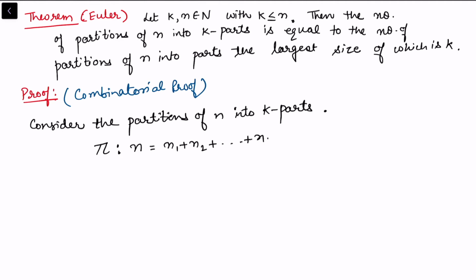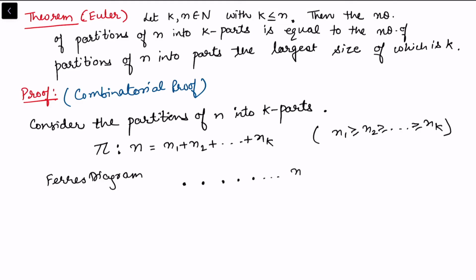By definition we already know that n1 is greater than or equal to n2 is greater than or equal to and so on, we can write the parts in non-increasing order. Now, using the Ferrers diagram, what will we get? The first row will have n1 dots. Let's say this is n1 dots, and the second row will have n2 dots. Either n2 is equal to n1 or n1 is strictly greater than n2.